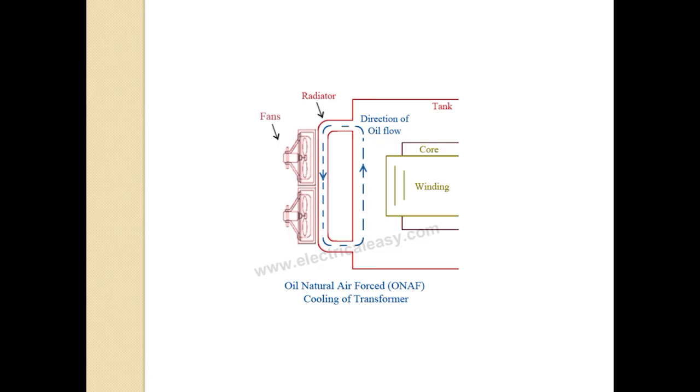The fans are mounted near the radiator, and may be provided with an automatic starting arrangement which turns on when the temperature increases beyond a certain value, and automatically turns off when the temperature goes below a certain value. This transformer cooling method is generally used for large transformers with ratings from 31 MVA to 60 MVA.